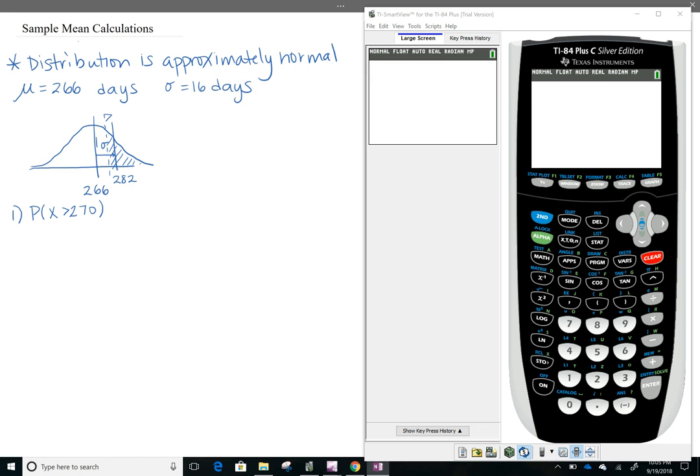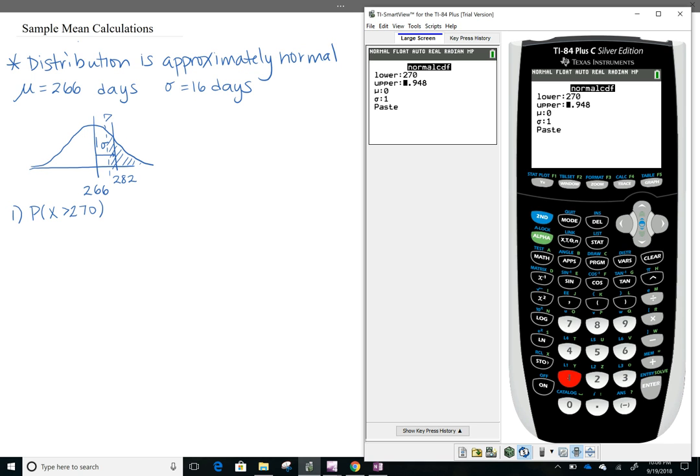But in this case, I'm going to use my calculator, perform a quick calculation using a normal CDF rather than standardize, just for efficiency. So what I'm going to do in my calculator is press second, and I'm going to access my distribution. I'm going to pull a normal CDF. My lower bound is going to be 270 because I'm dealing with a greater than problem.